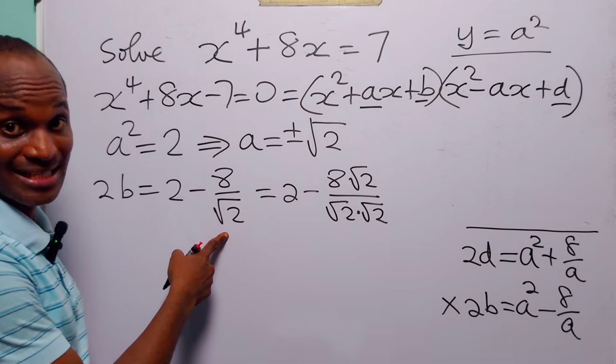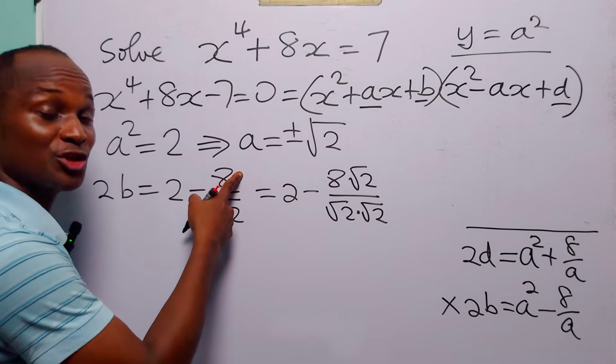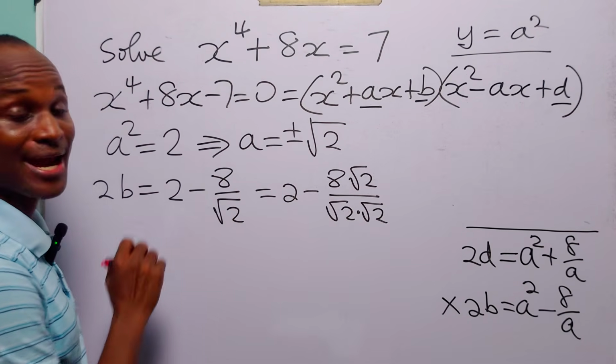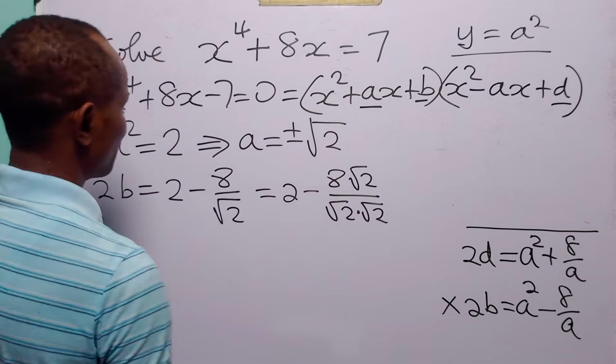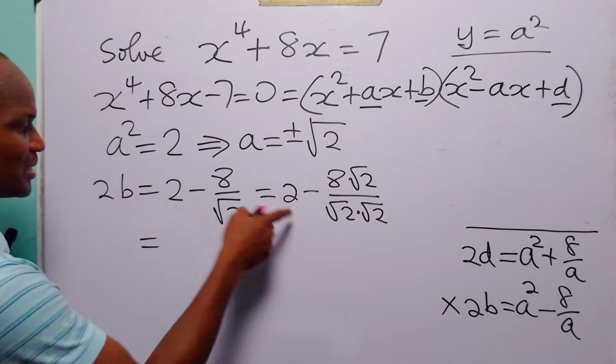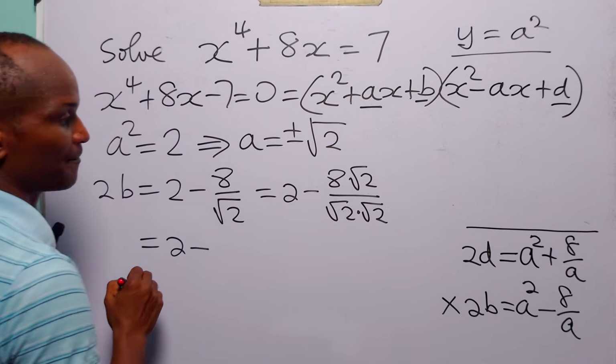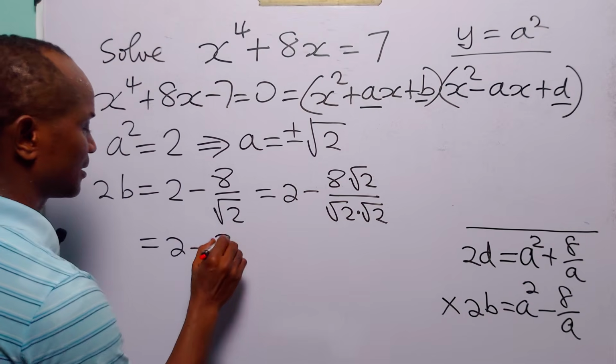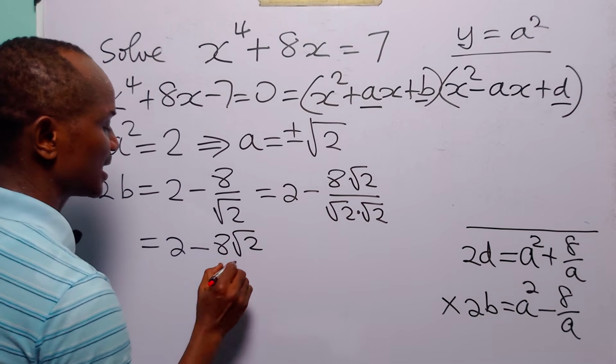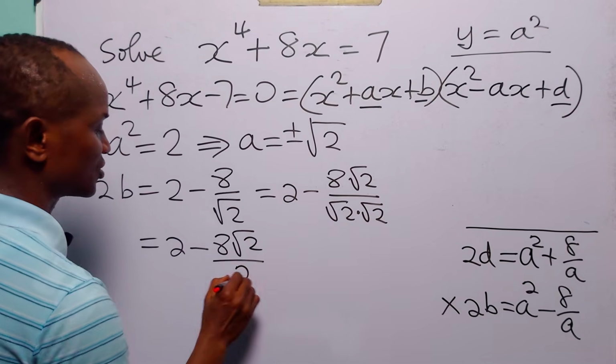By rationalizing this fraction, we multiply both the numerator and the denominator by root 2. Now from here we have that 2b is equal to 2 minus 8 root 2 divided by 2.